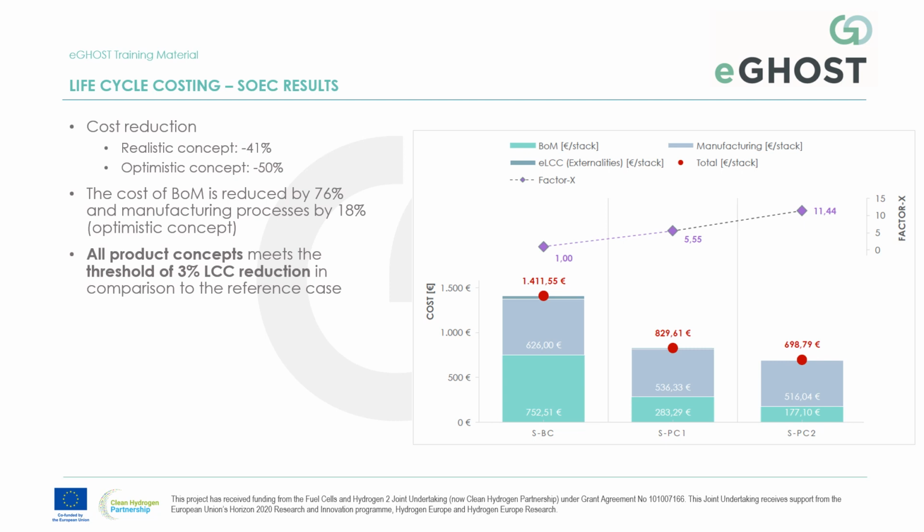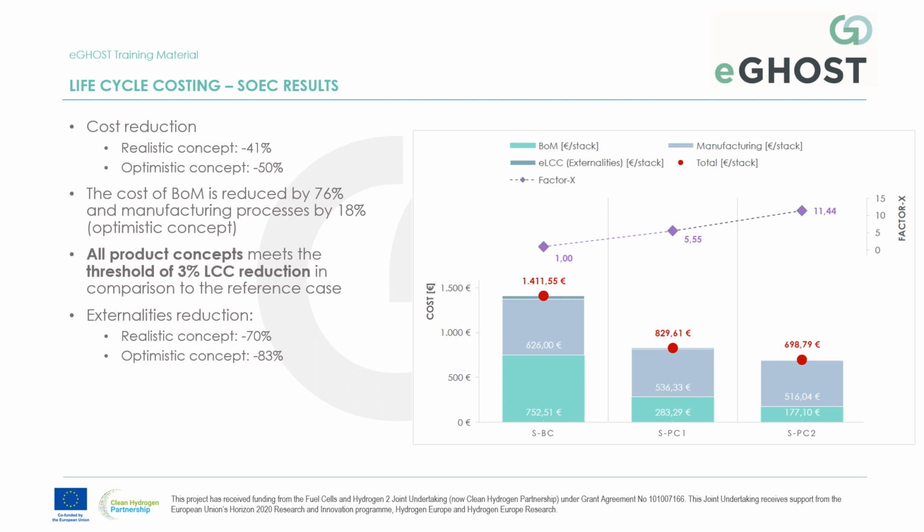And again, all the product concepts meet the threshold of 3% reduction in comparison to the reference case. We also have quite significant externalities reductions, so up to 70% for the realistic case and up to 83% for the optimistic case.